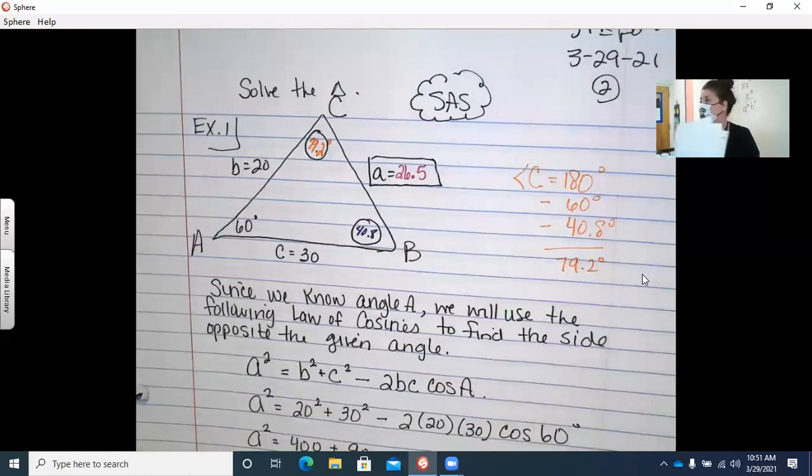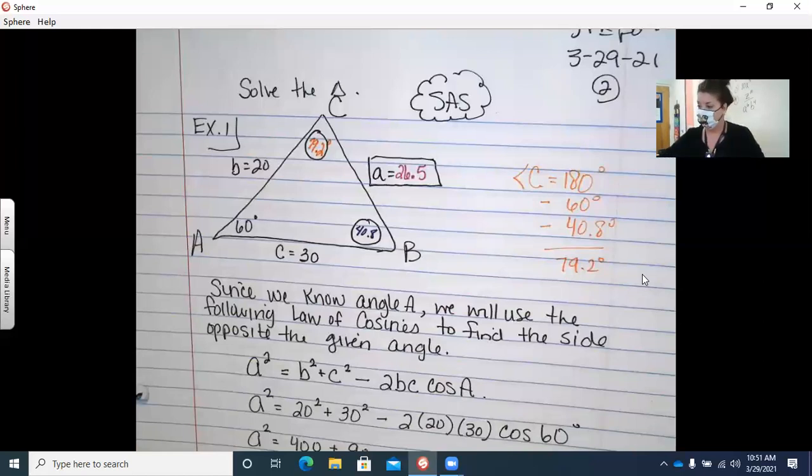Everybody good with that? Easy enough. When you're solving a triangle, I always try to use law of sines first. But if I don't know an angle and a leg opposite of an angle, I can't use law of sines. So then I have to start with law of cosines. That's how I decide what it is that I can use.